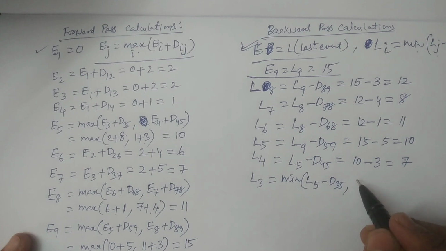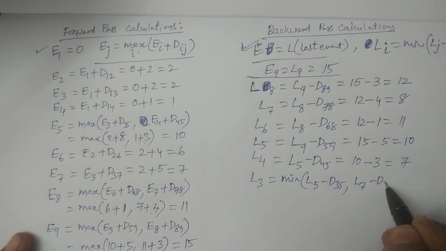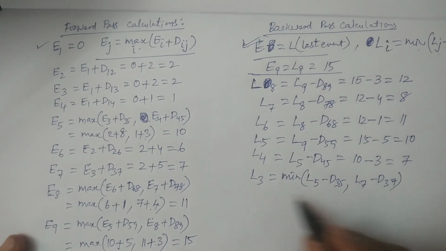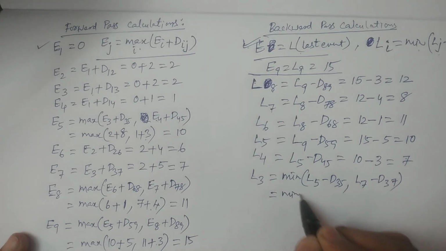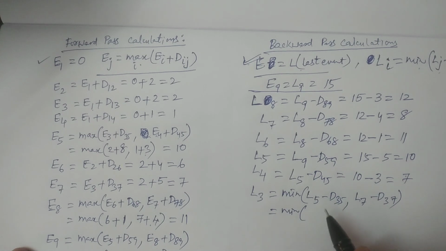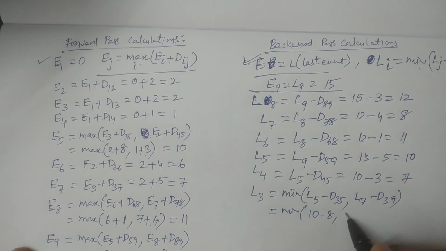The second one is connected with 7, then it is L7 minus D37. This is the formula. We have to consider the minimum. So the minimum of L5, which is 10 minus D35, it is 8, and L7, which is 8 minus D37, it is 5.